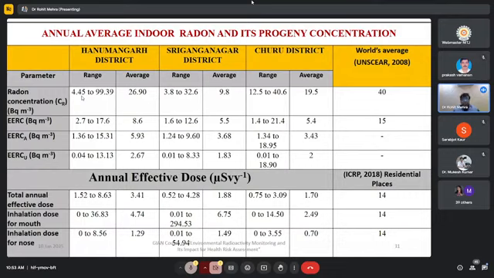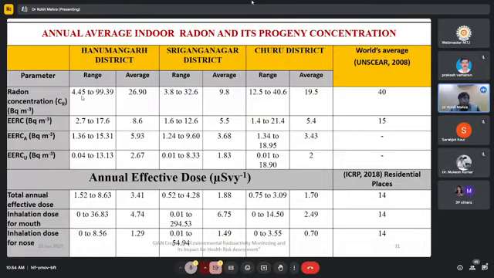It is nearly 2.7 to 17.6, with an average value of 8.6 becquerel per meter cube. Then again, we have calculated the EEC for attached as well as unattached aerosols also, where we have placed some wire mesh over the detectors, and those values are shown in the figure.